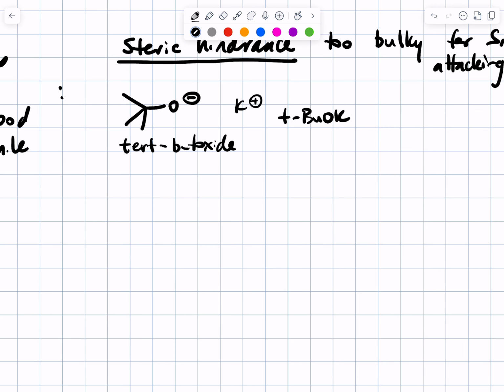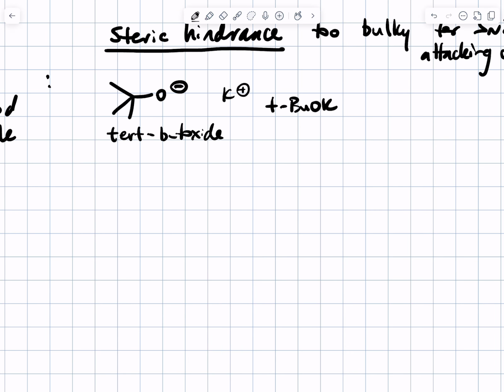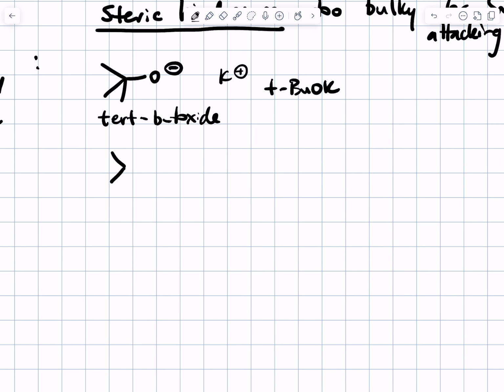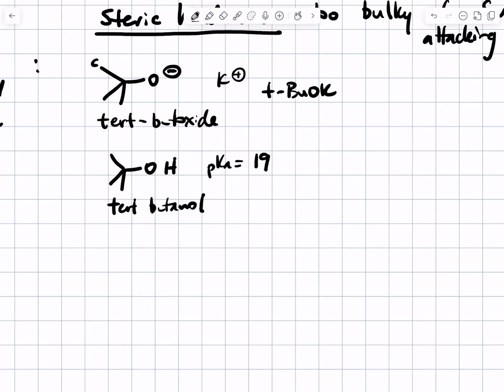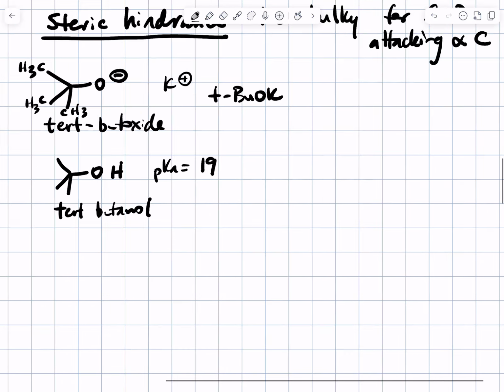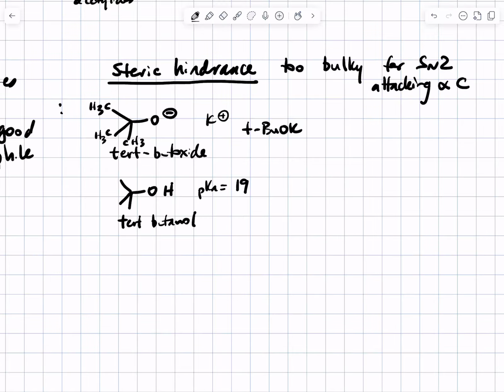Anyway, tert-butoxide is the conjugate base of tert-butanol, and tert-butanol actually has an even higher pKa than expected for an alcohol, around 19. So you would expect it to be a good nucleophile, but it's not, because those adjacent methyl groups get in the way. It is just too sterically hindered. So that's one of them.